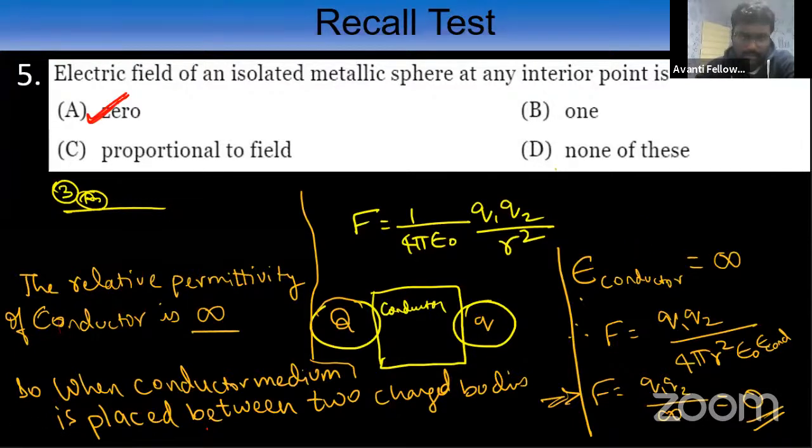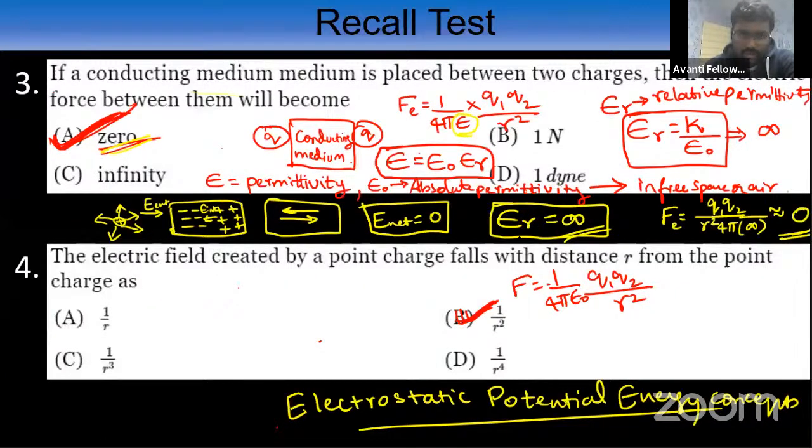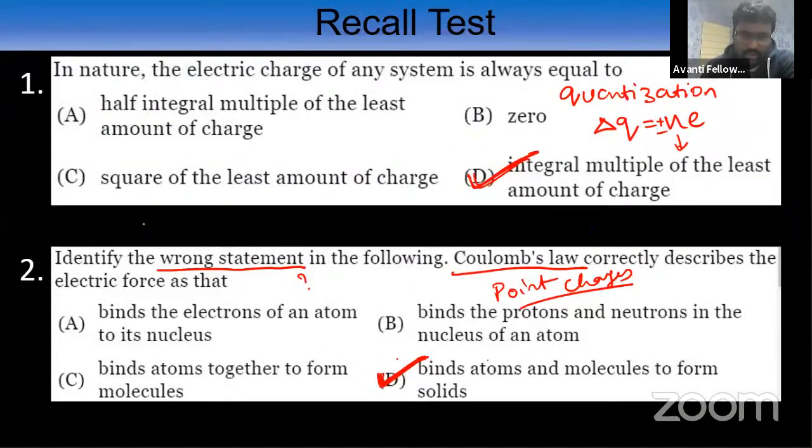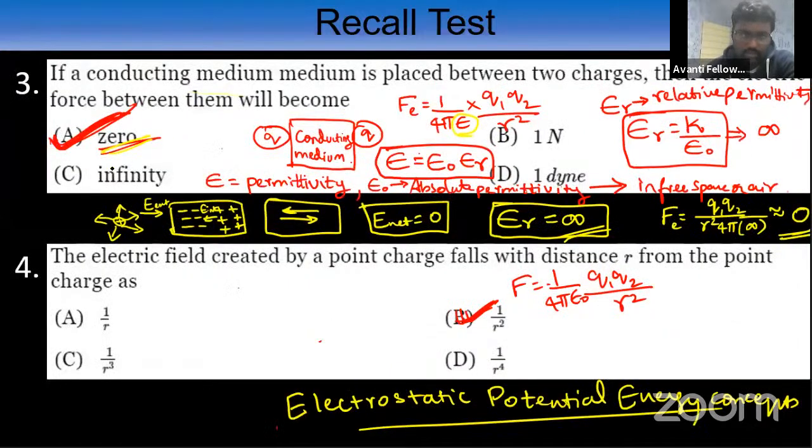Guys, please reply. Got to know why my conductor has infinite relative permittivity, right? I hope you guys have got to know that by now. Yes, guys, cool. So we'll move on.